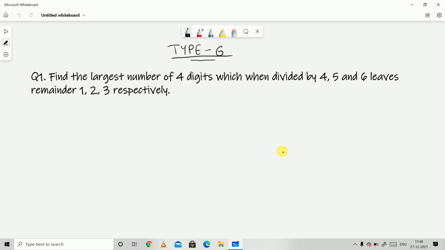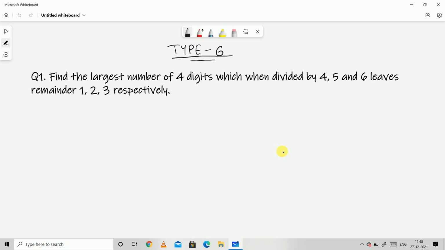Now in our previous videos I have covered this type of question, where it was asking for the largest number of 4 digits which when divided by some given numbers leaves no remainder.